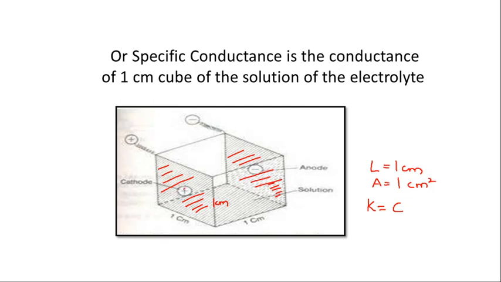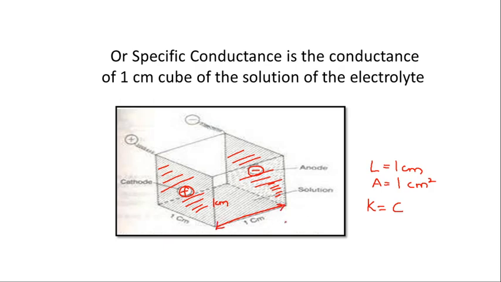If this is, say, positive and this is negative, these are the two plates in the cell. So if these are 1 centimeter apart, the length between them from here to here is 1 centimeter.